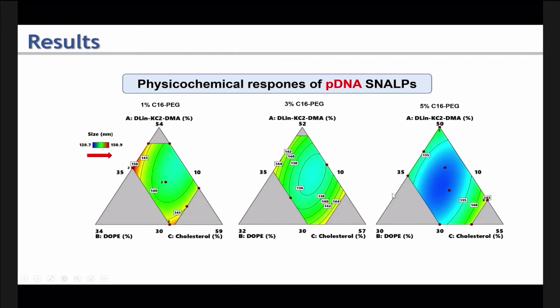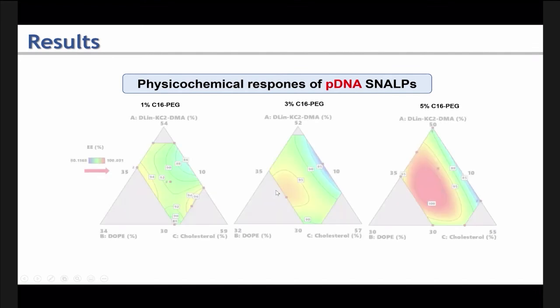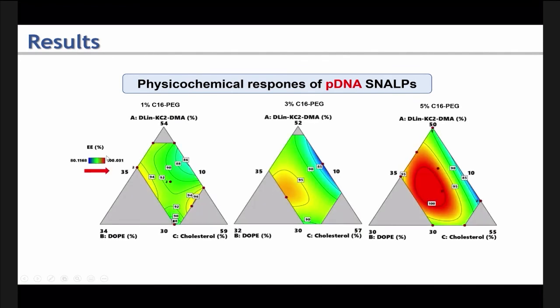We can see the blue area expanded when we increase to 5%, which indicates the size will decrease when we increase the PEG percentage. Similarly, for the encapsulation efficiency response, when we increase the PEG percentage, we also have higher encapsulation efficiency, which is the red area here.